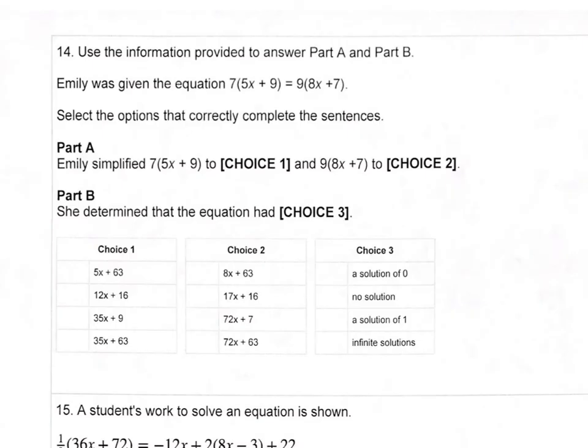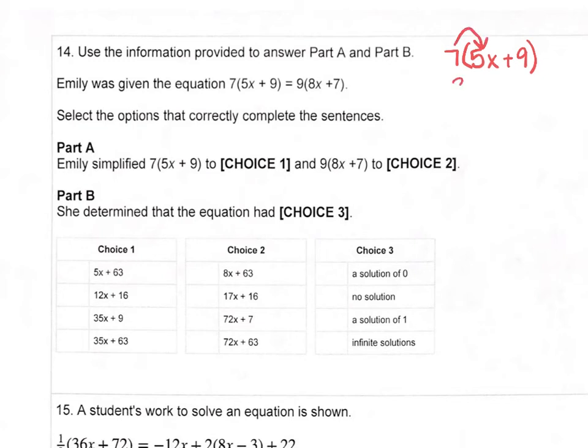Number 14, Emily was given the equation 7 times the group 5x plus 5 equals 9 times the group 8x plus 7. And Emily simplified the left side, so let's go ahead and see what that comes out to.